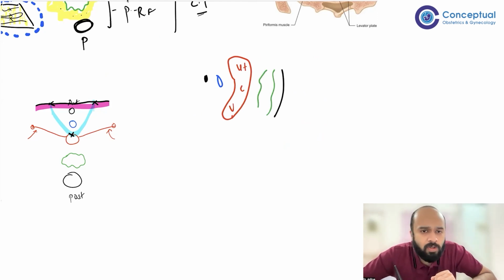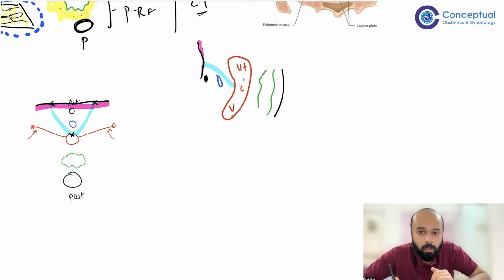In this case, this was my rectus muscle and the rectus sheath in front of that. I was taking this suture from this cervical junction and attaching it over here.